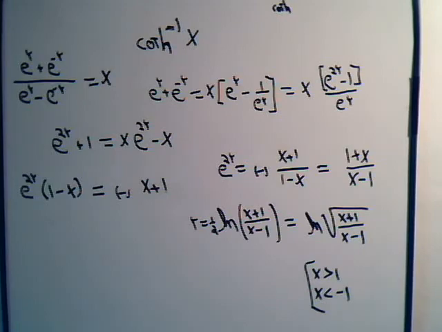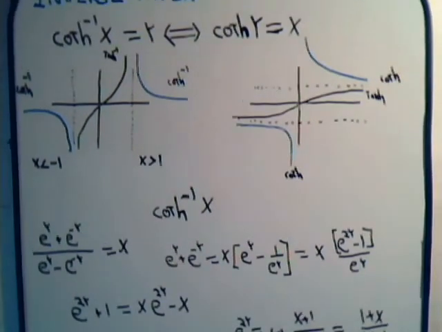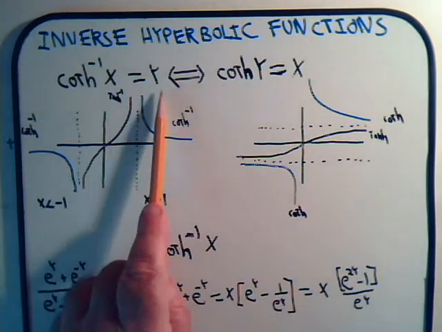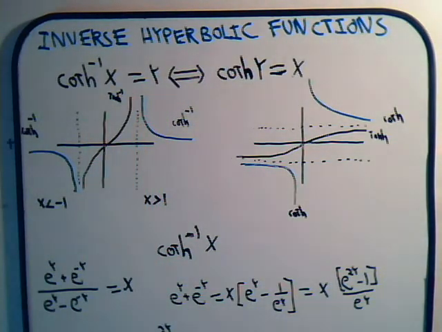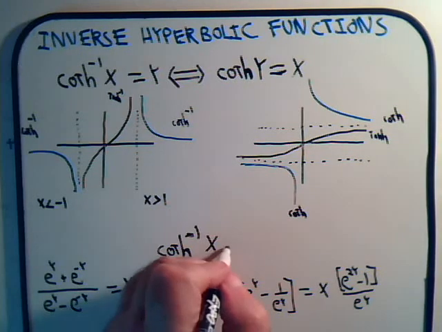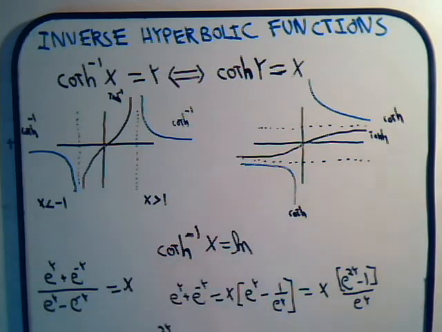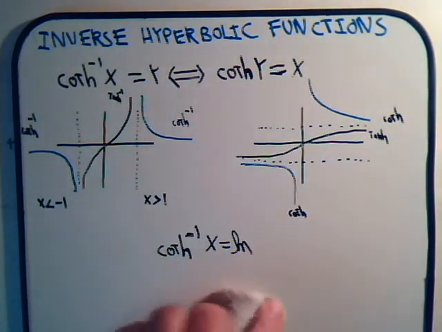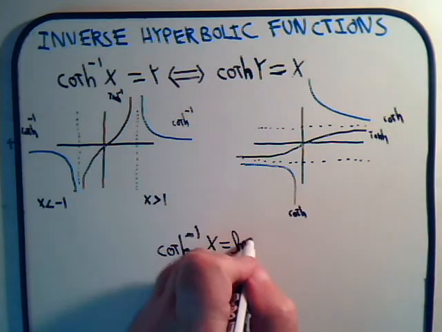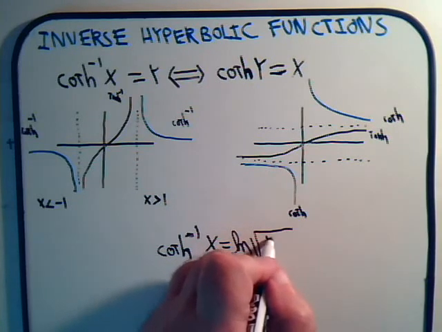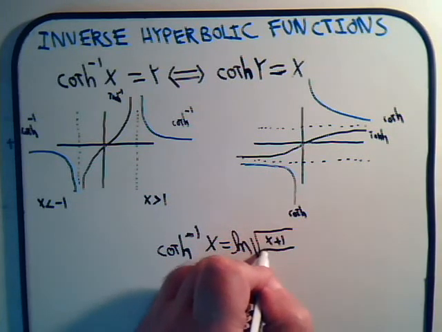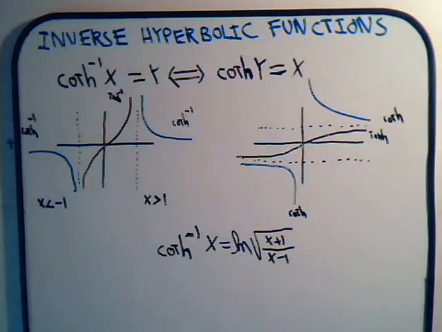Okay, so going back to here, y is this, so we can say then this is equal to the natural log of the square root of x plus 1 divided by x minus 1.